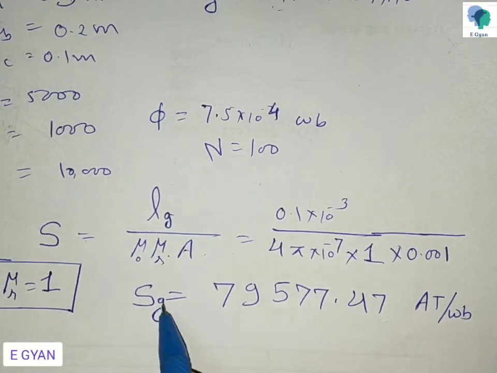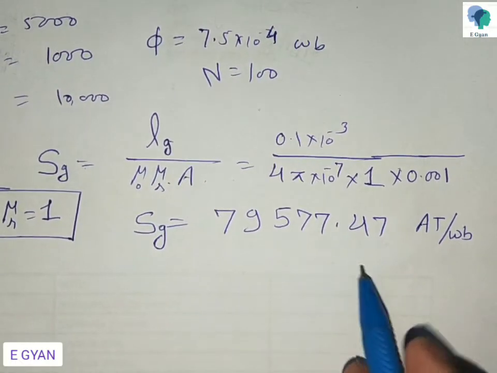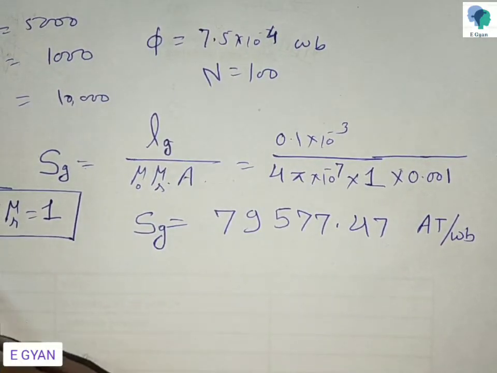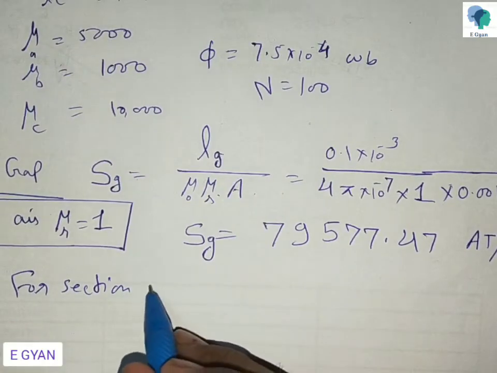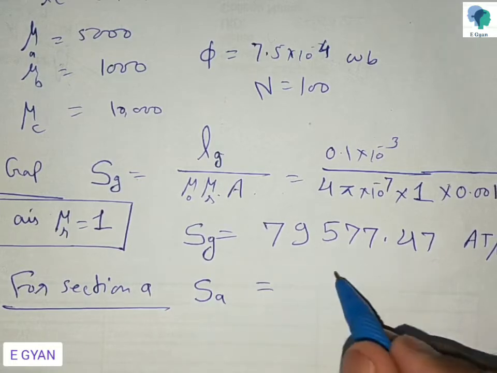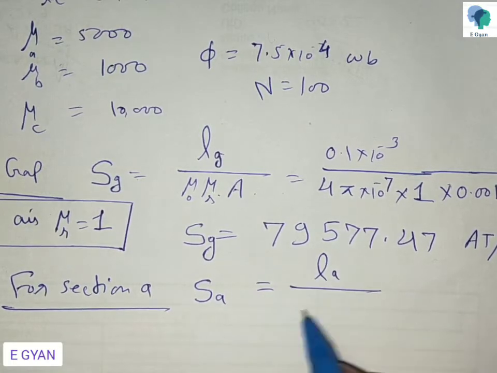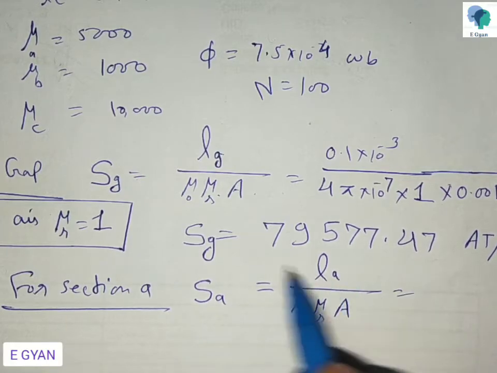I am putting G for gap. So this is for air gap. Now for section A, calculate SA. So formula will be LA on mu 0 mu r A. What is LA?